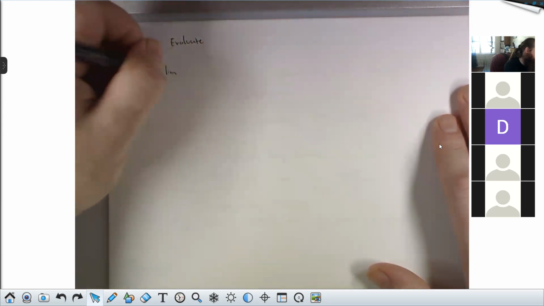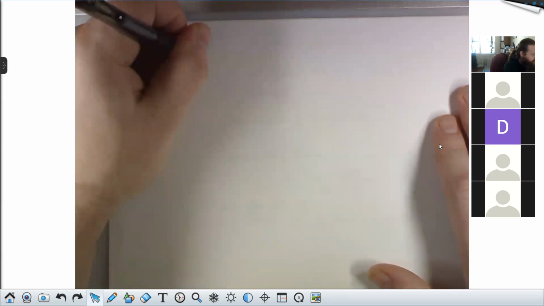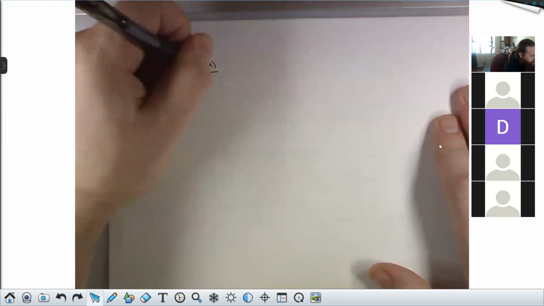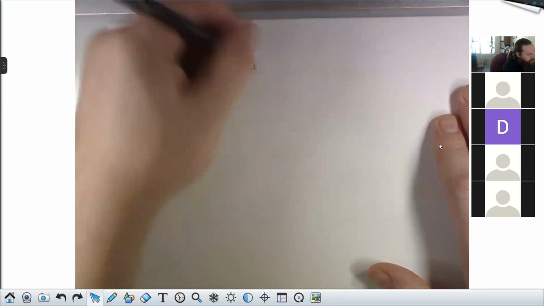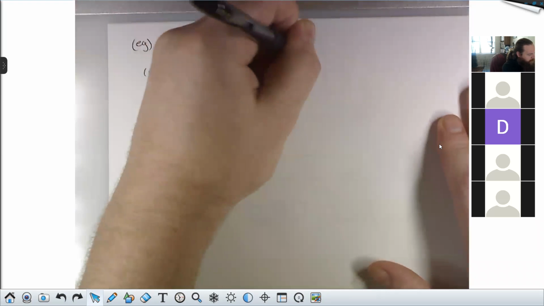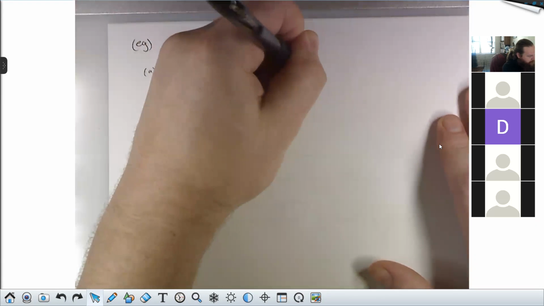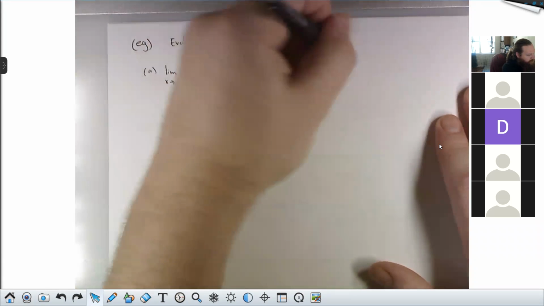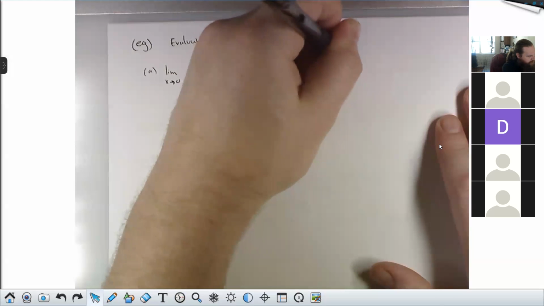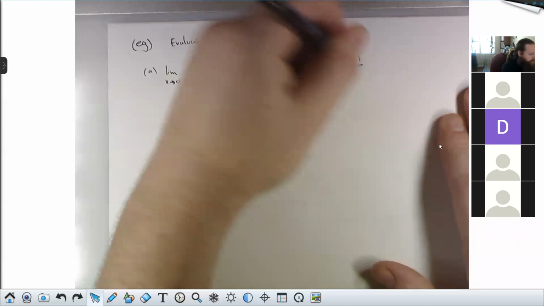Let's do lim x to 0 tangent x over x and lim t to 0 sine of 3t over 2t.